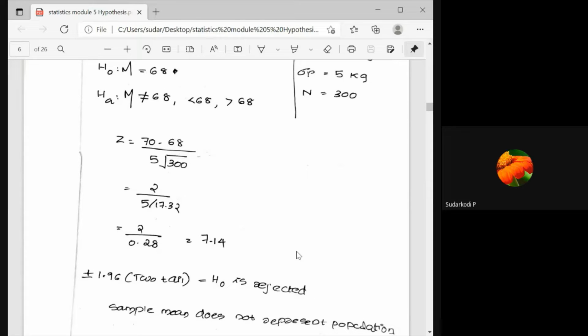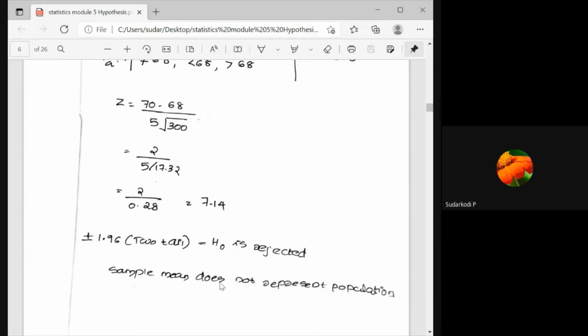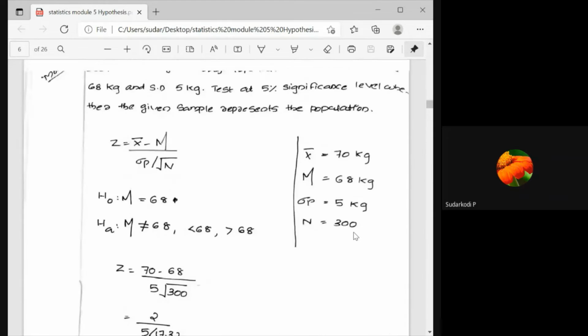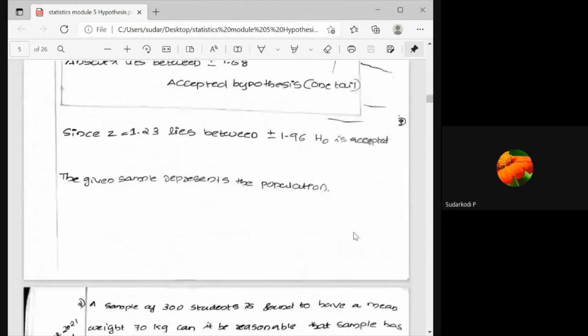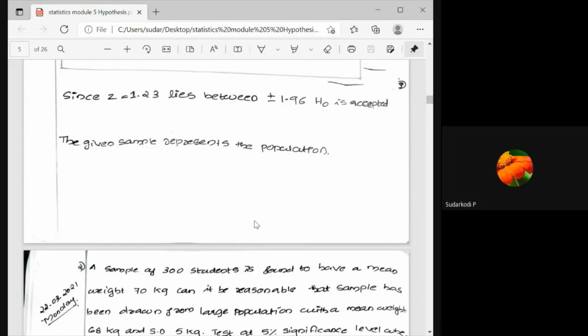So in the second sum, you reject your null hypothesis and you conclude that your sample mean does not represent the population, right? In the first sum, your null hypothesis was accepted and you concluded that the sample represents the population.